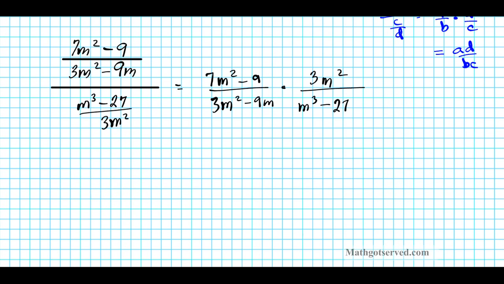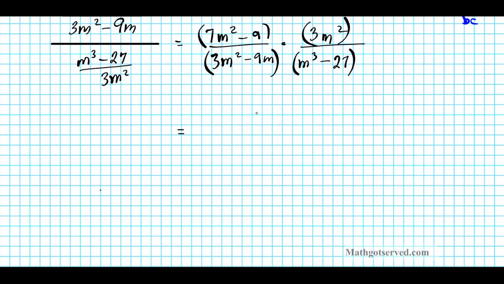All right, so to finish this off, we'll just simply expand by multiplying the numerator and the denominator across. Okay? So we're going to have 7m squared times 3m. And then we'll have the quantity 3m squared minus 9m times the quantity m to the third minus 27.